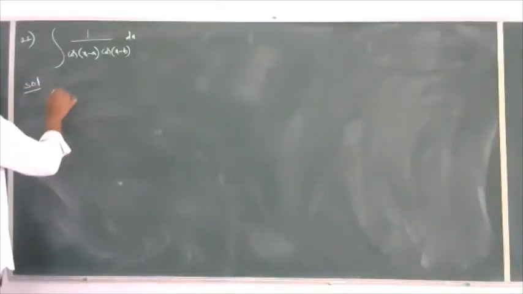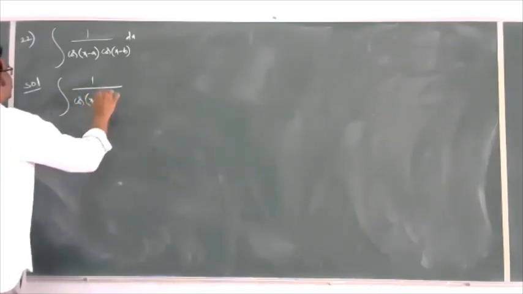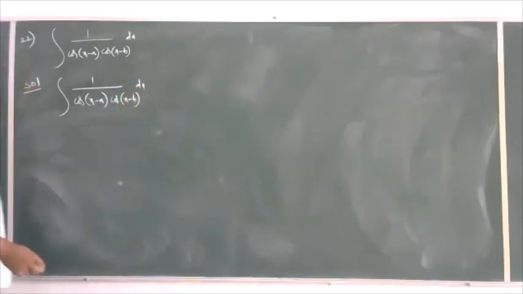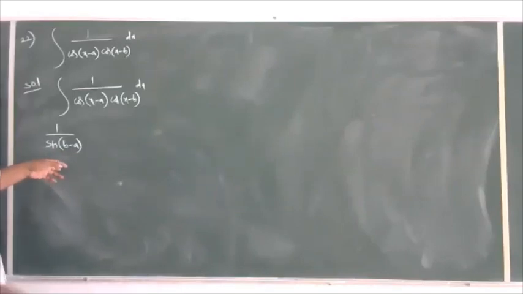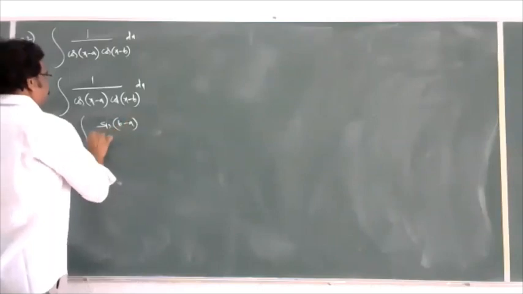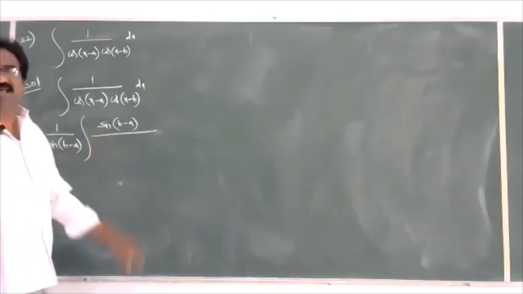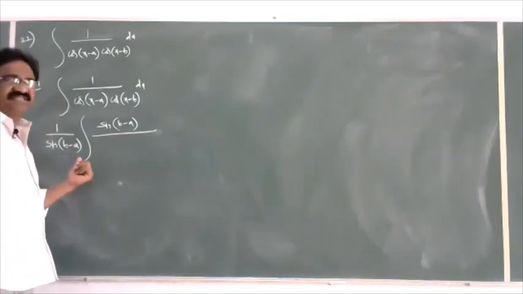Given integral 1 by cos of x minus a into cos of x minus b dx. In the numerator, I take sine of b minus a: multiplying by sine of b minus a and dividing by the same term, sine of b minus a.